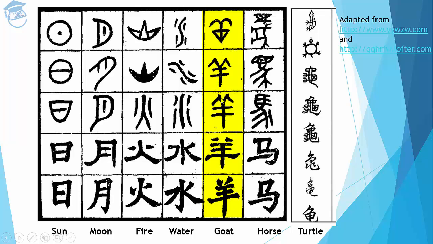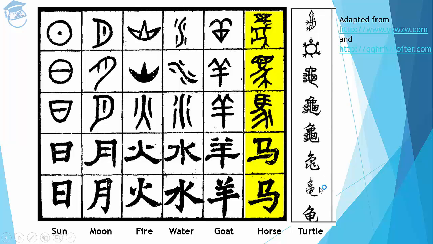And as we evolve it to what we have today, you can see the remains of the horns over here. And finally it's the horse, and you can see in this horse we still have the four legs and also a tail, but today it's been simplified to something like this.